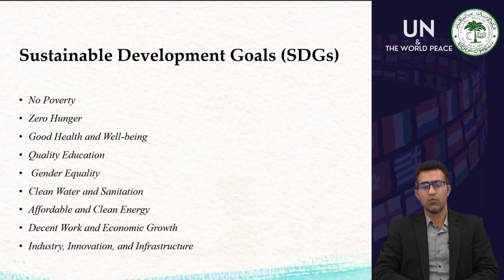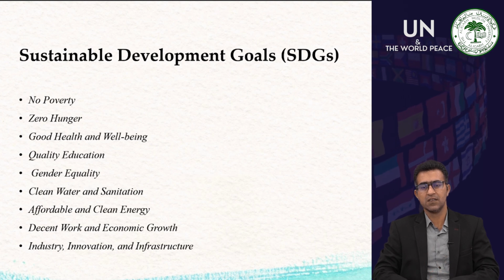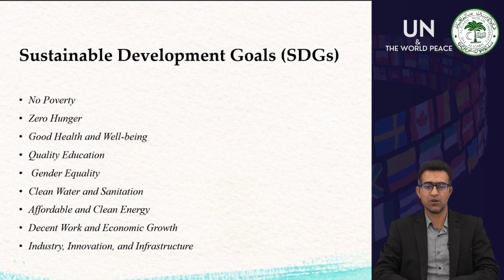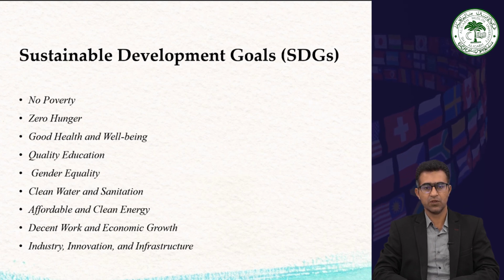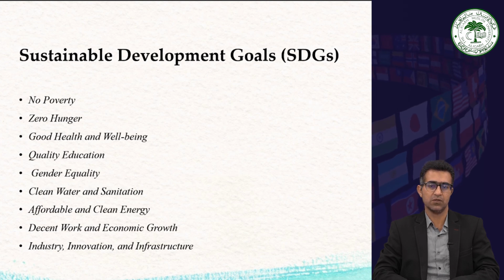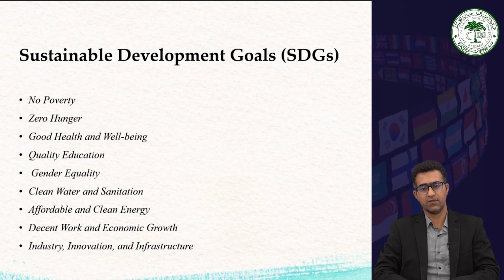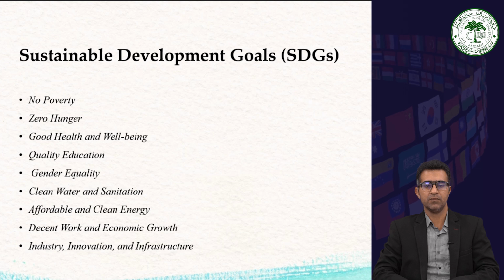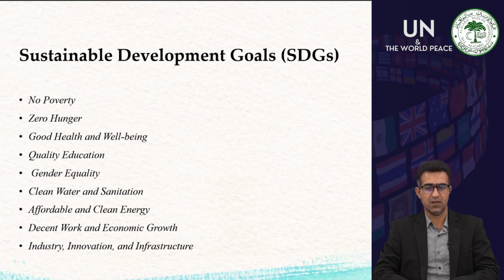Dear students, now we are going to discuss these sustainable development goals which were adopted by the United Nations. As I told you, sustainable development goals are a set of 17 global goals adopted by the UN in 2015 as a part of the 2030 Agenda for Sustainable Development.